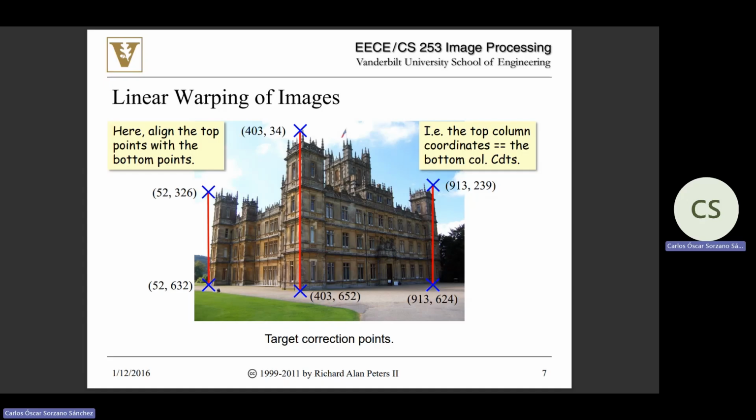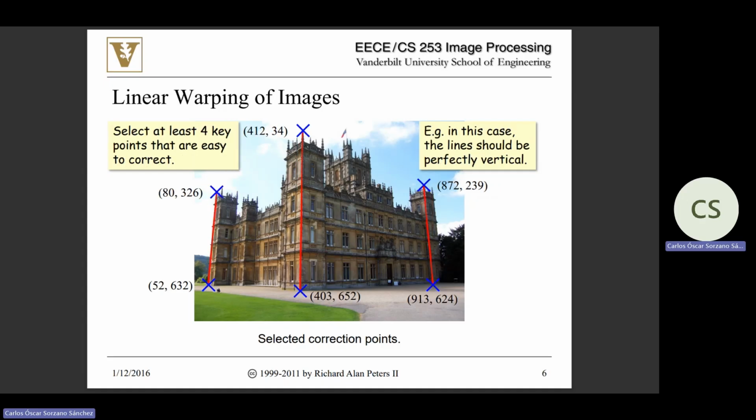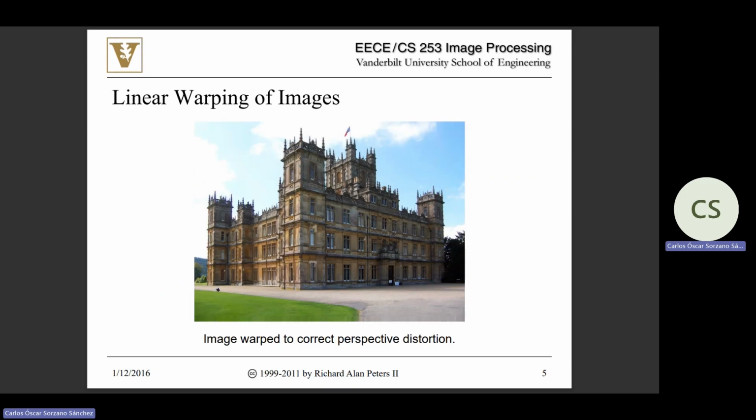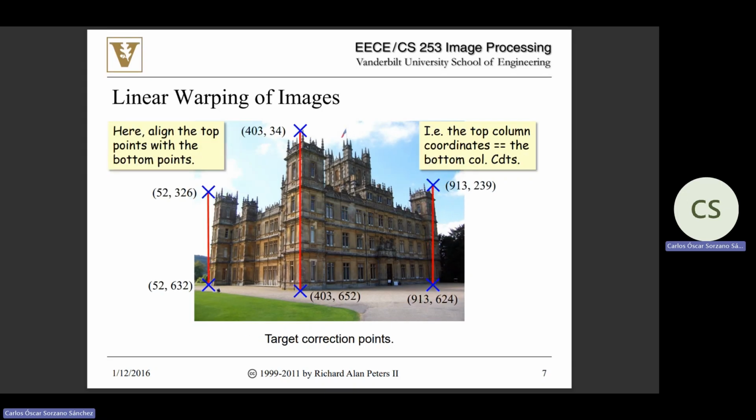So let's look at the values again. The bottom coordinate stays the same, but this one, we will shift X. So Y will stay, but X is shifted to be straight with this one. And the same for all the others. So we make the two X coordinates to be the same in the bottom and the top of the tower.